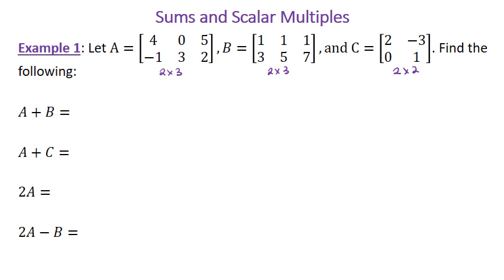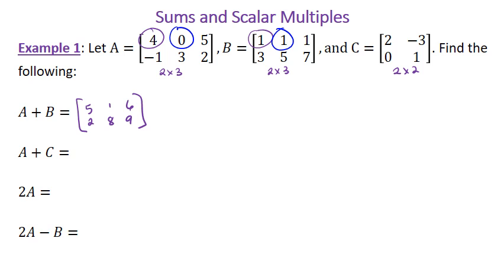So if I want to find matrix A plus B, I will simply add; they have to be the same dimensions, which they're both 2 by 3, so that's great. So I'm just going to add each of the corresponding entries and put it in that same place. So you can pause this, see if you get the same thing. This here is the matrix you should get.